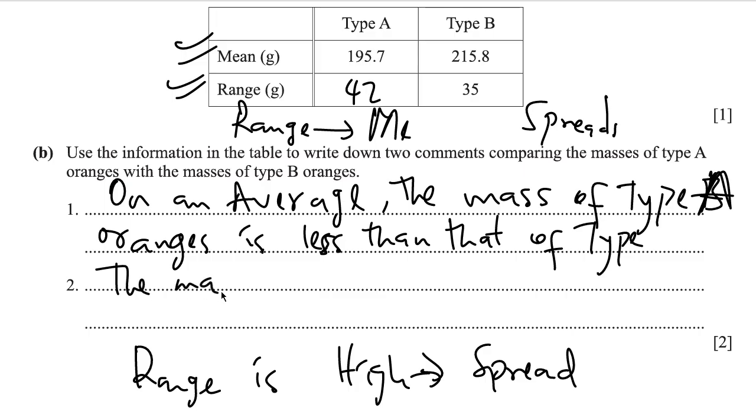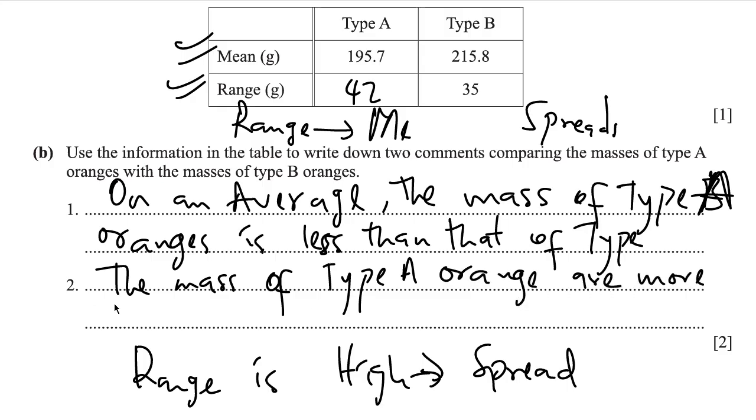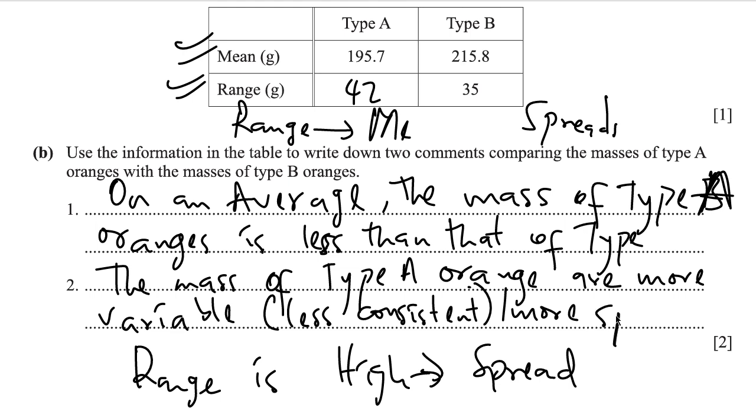So we could simply say that the mass of type A oranges is more variable, or you could say less consistent, or you could say more spread out than that of the type B oranges.